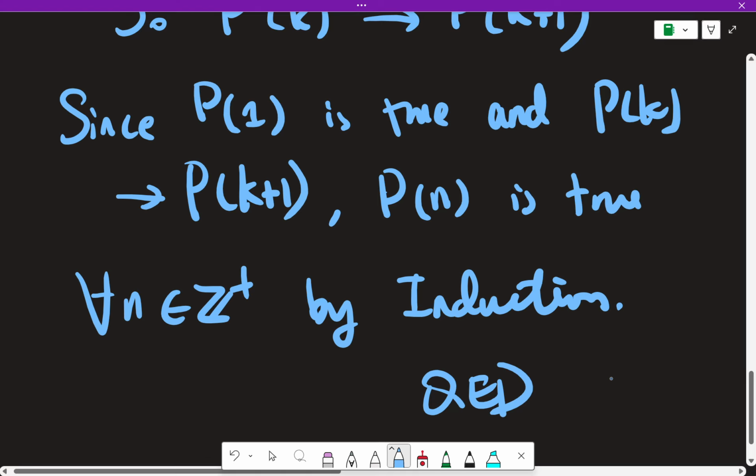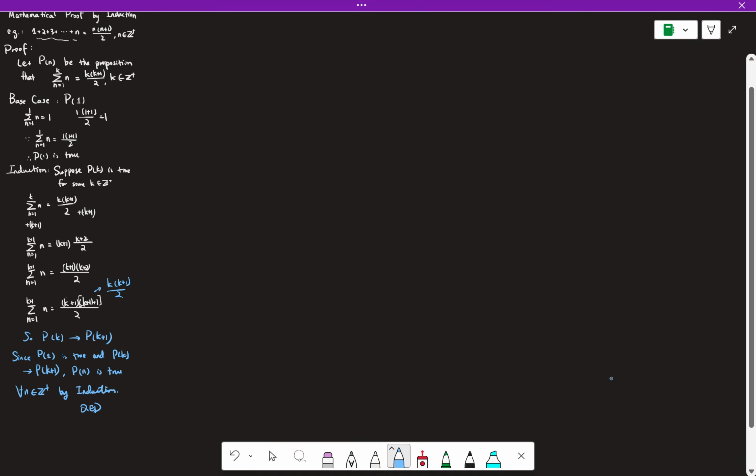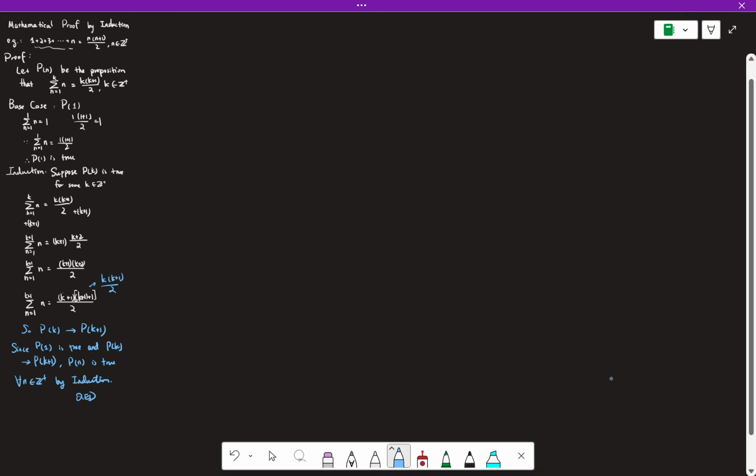And QED, or we can draw a square here. This would be how we use mathematical induction to prove this question right here.